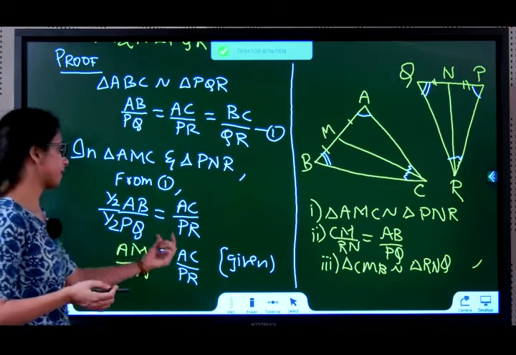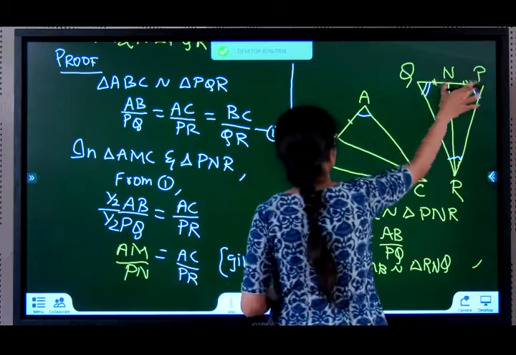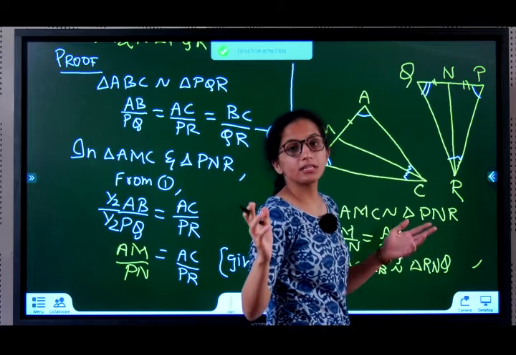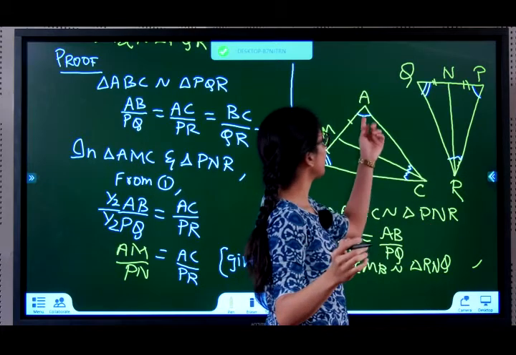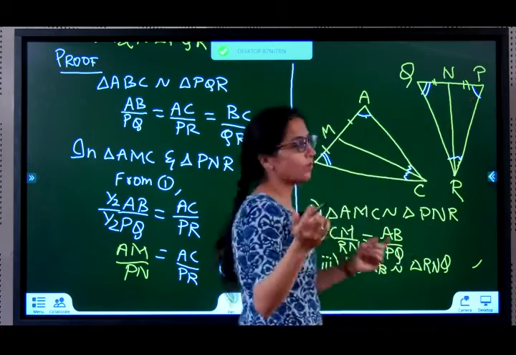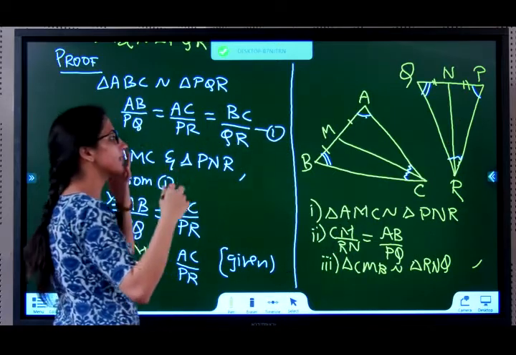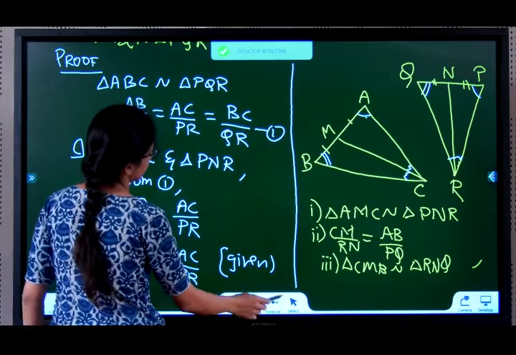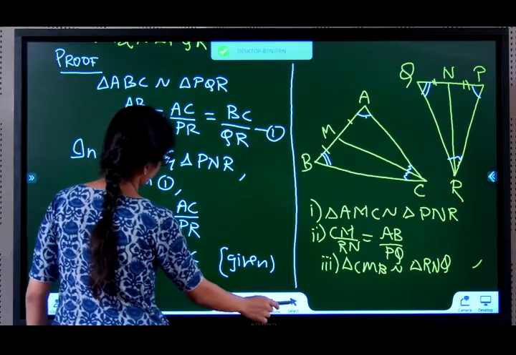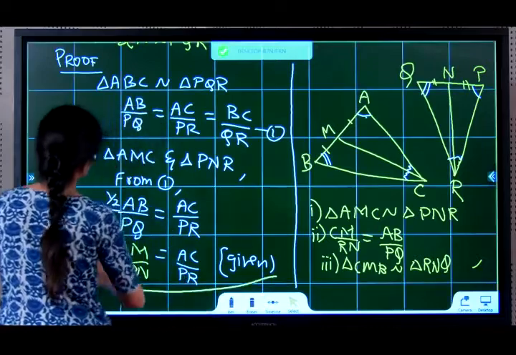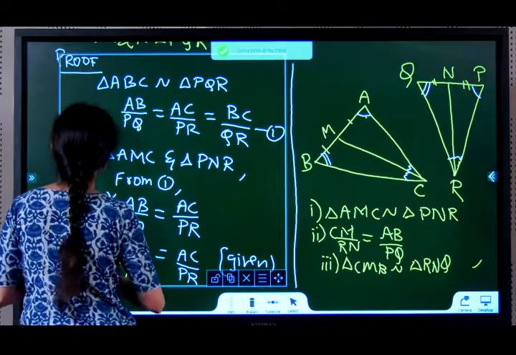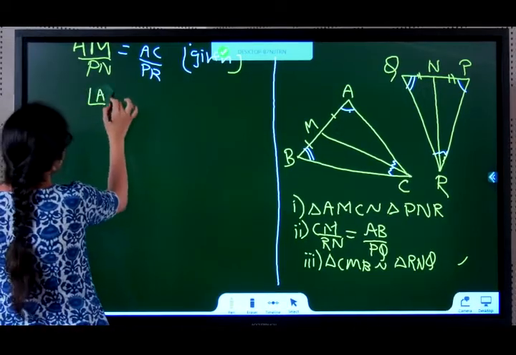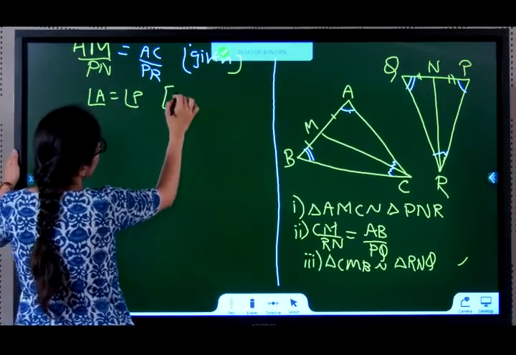So, AM by PN is equal to AC by PR. We got the two sides as proportional, and we have the including angle equal. How do we have the including angle equal? Because they have given ABC is similar to PQR. So, can I therefore write, so we have these two sides proportional and we have angle A equal to angle P. Why?